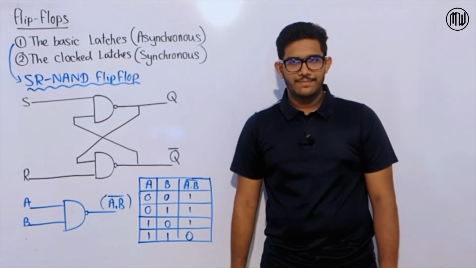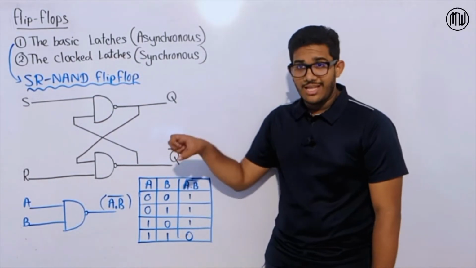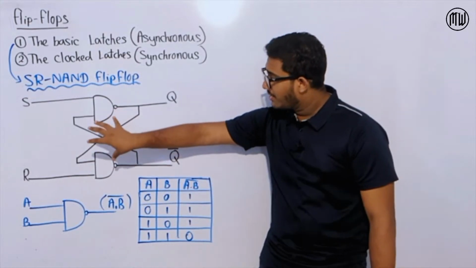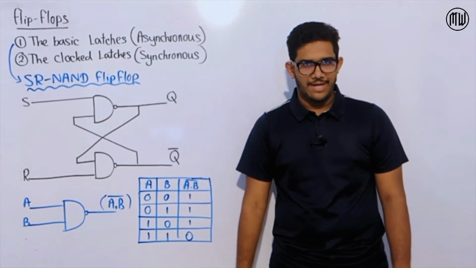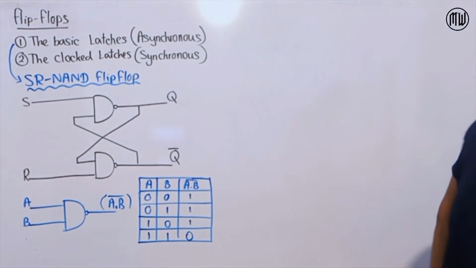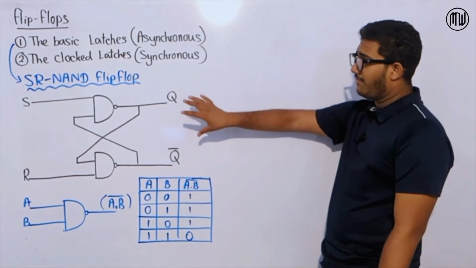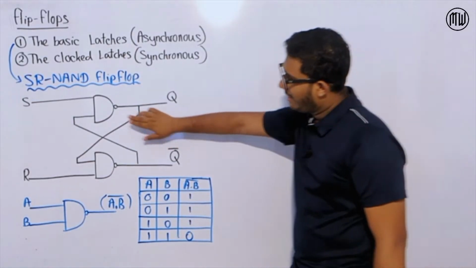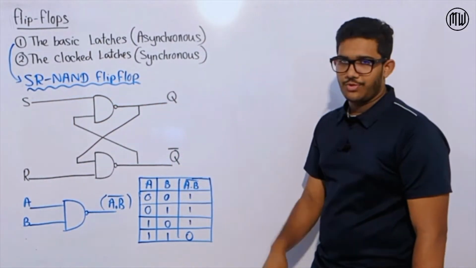Get it? So this is the logic that we are going to use in order to solve this entire thing, right? Now, our final job is to make sure that we get the truth table for this, meaning having 2 inputs and 2 outputs, right?